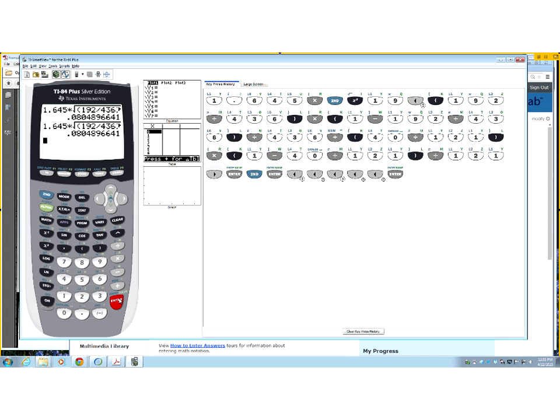So if you want to store your p hat 1 and your p hat 2, then you have that option too. So if you didn't get that, then you want to make sure you've entered the right numbers in there. So p hat 1 is 192, so I would double check to make sure you've entered exactly what I've entered.